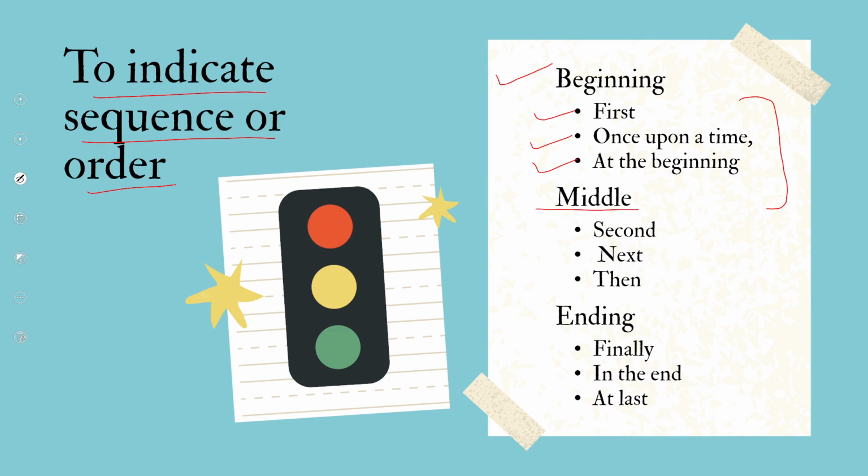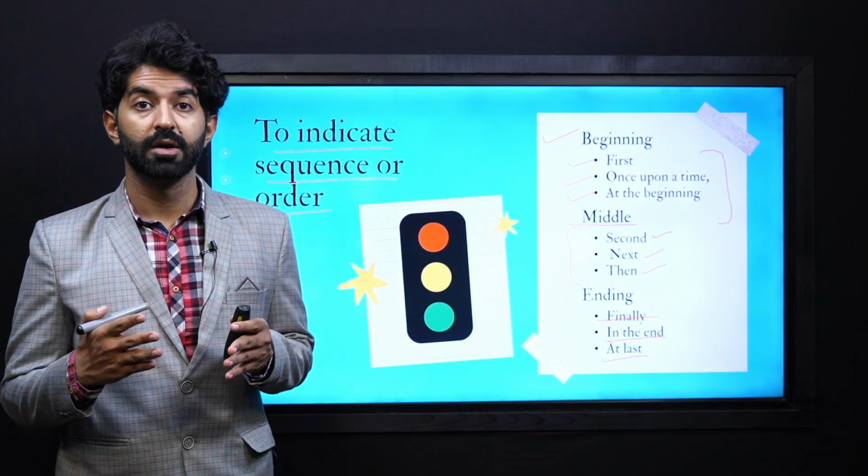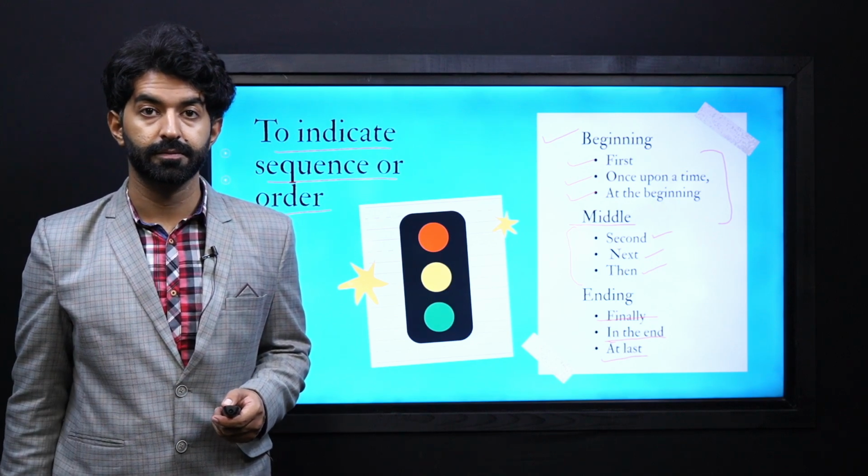To show the middle part, you would say second, next, or then. All these words can be used. Or when you are at the end of your idea, your point, or your story, you will say finally, in the end, or at last. So all these will be used if you want to show your sequence in the writing.